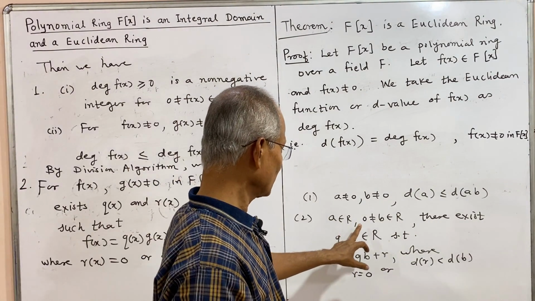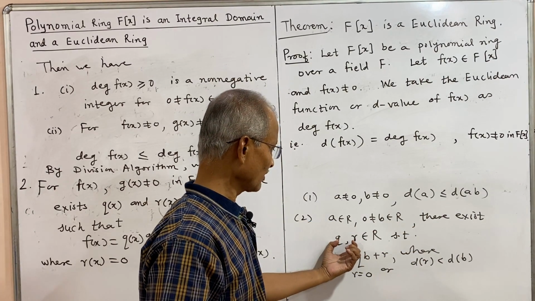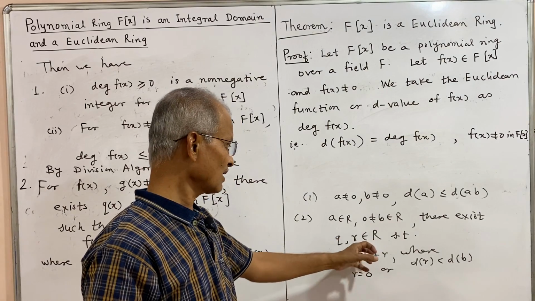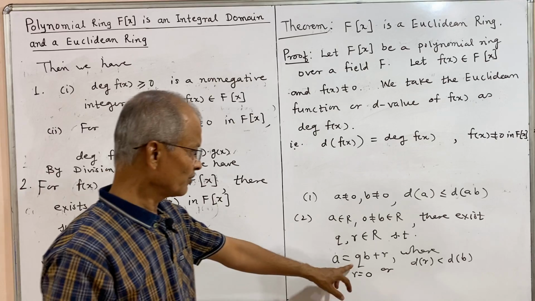A belongs to R, b not equal to 0 belongs to R. There exists another pair of elements in R, q and r in R, such that a is equal to qb plus r.